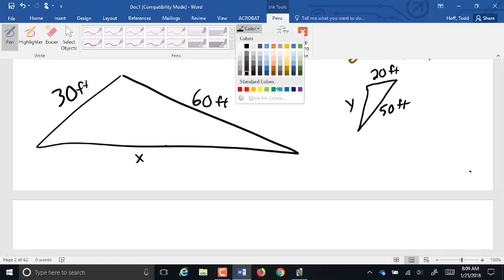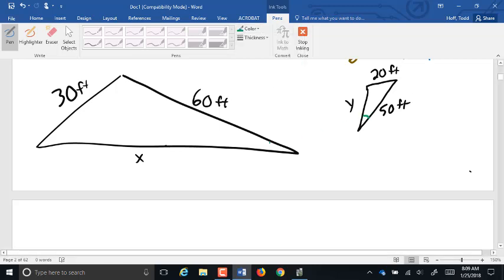Now I probably should tell you this angle and this angle go together, and that angle and this angle go together. Which side of the other figure corresponds with the 60 feet? 60 is between the single mark and the unmarked. Single mark and unmarked, that would be the Y.